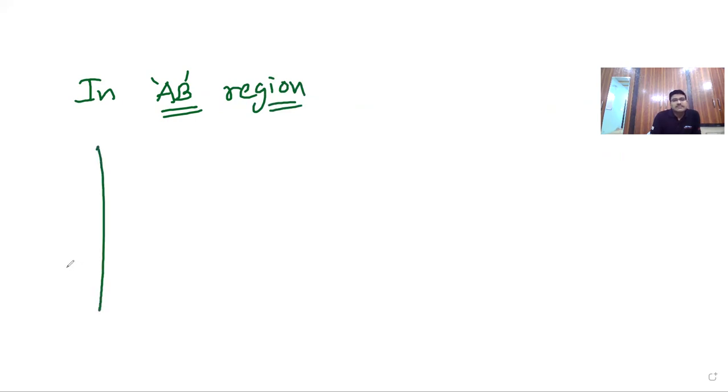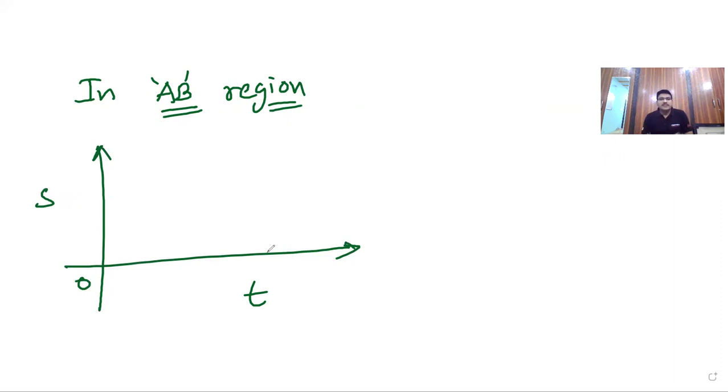So the graph is this. Displacement is on the y-axis, origin, and time is on the x-axis. Now I am concentrating only on the AB region. This is OA and this is AB.